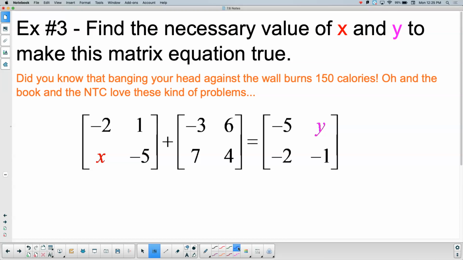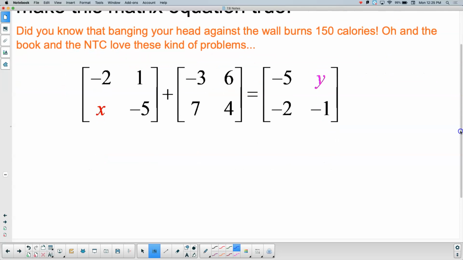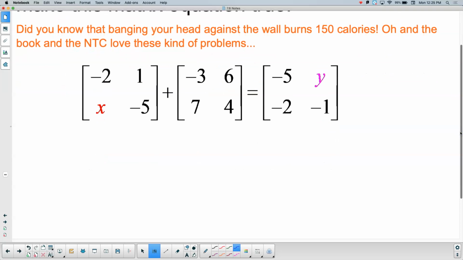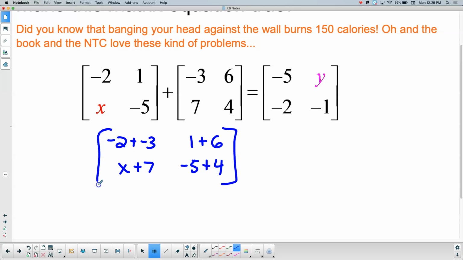What I would do, if it were me, to make this equation be true, I would say, well, negative 2 plus negative 3, 1 plus 6, x plus 7, and negative 5 plus 4. And that's going to equal negative 5, y, negative 2, negative 1.